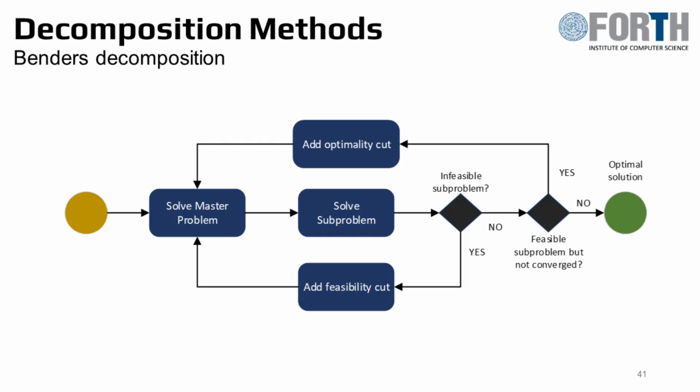Second question, does the current master solution already reflect the true subproblem cost? If not, we generate an optimality cut, add it to the master problem, and resolve the master. If yes, meaning the subproblem cost matches the value z in the master, then we have reached consistency between master and subproblem. At that point, the solution is optimal and the algorithm stops.